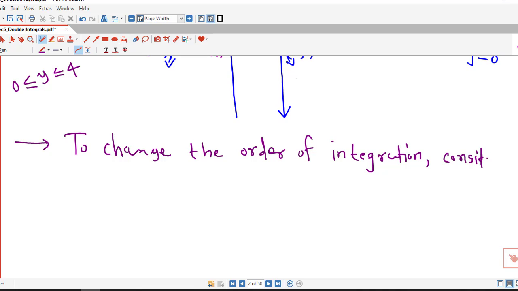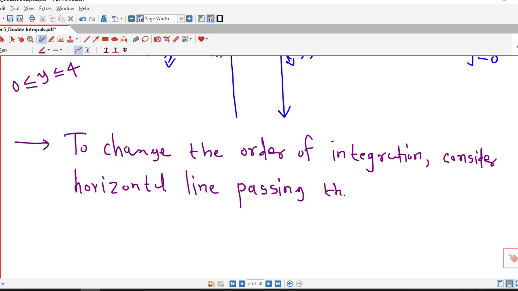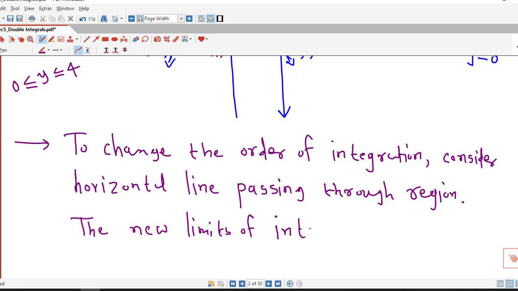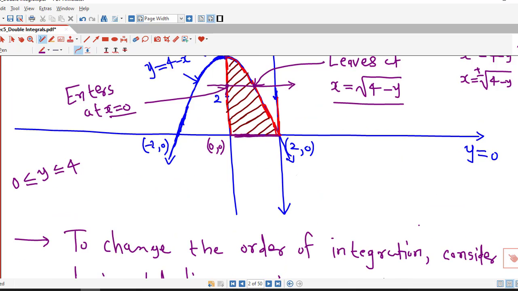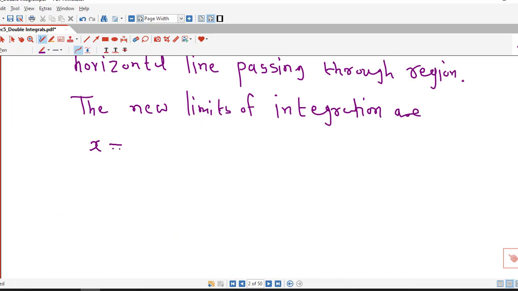As we have discussed, the new limits of integration are x from 0 to square root of 4 minus y, that is x equal to 0 to x equal to square root of 4 minus y, and y is from 0 to y equal to 4.